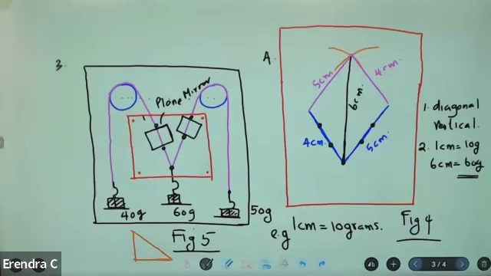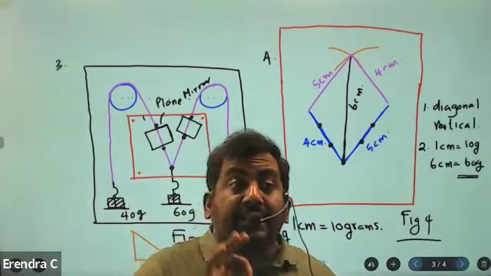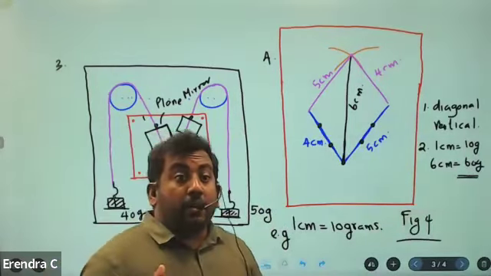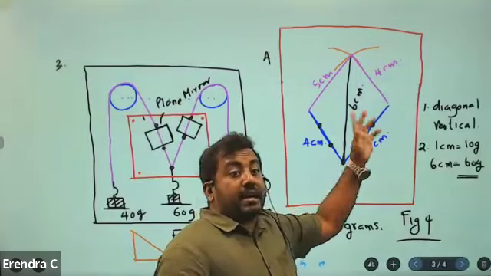The next question is, most of the time, the diagonal will not be vertical.